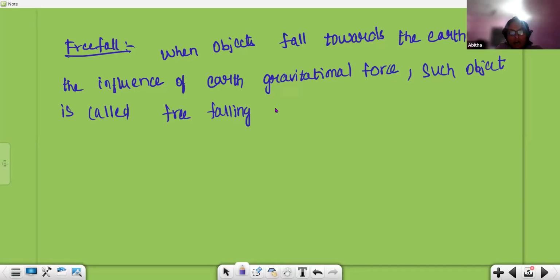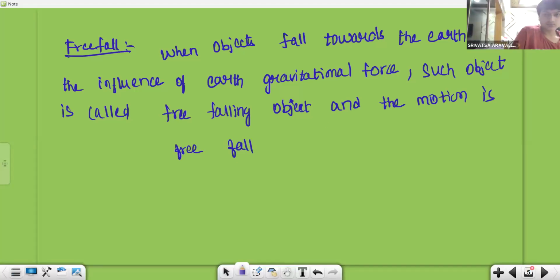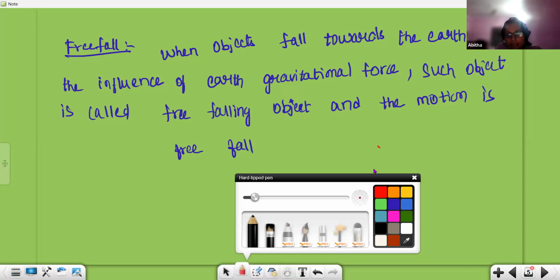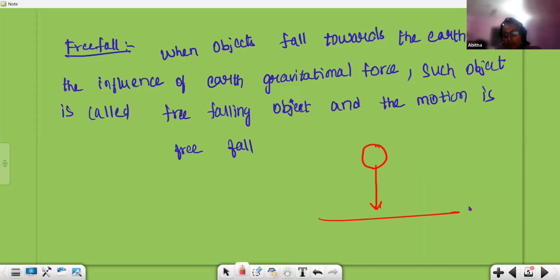Freely falling object. So whatever object is falling freely is called a freely falling object, and that particular motion is called free fall. If I'm dropping any object onto the earth, this particular motion, the falling, this is a freely falling body, and the motion is called free fall.